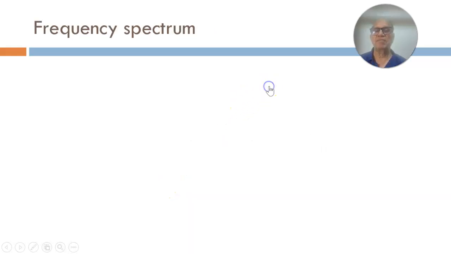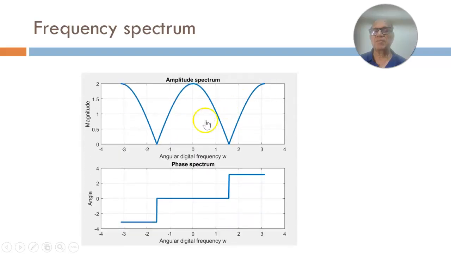So if we plot the amplitude spectrum and the phase spectrum both, note that this is plotted for one cycle of the spectrum, which ranges from minus pi to plus pi. Note this minus 3.14, this plus 3.14. So this minus pi to plus pi. This is minus pi by 2 to plus pi by 2. In this range, the phase is 0.